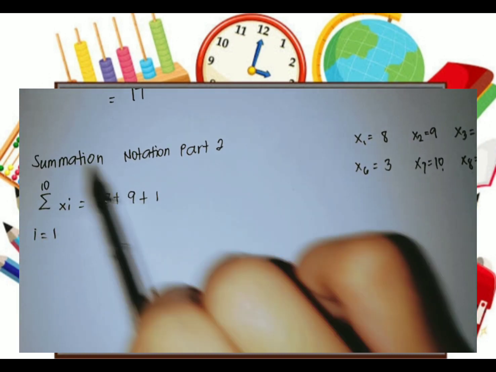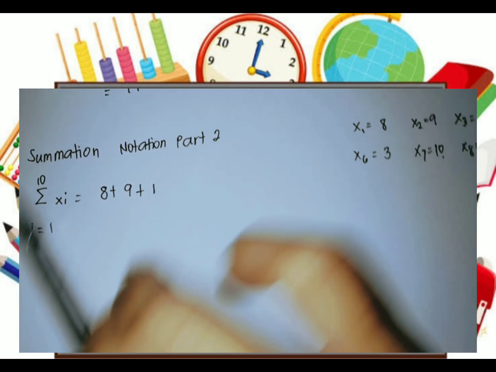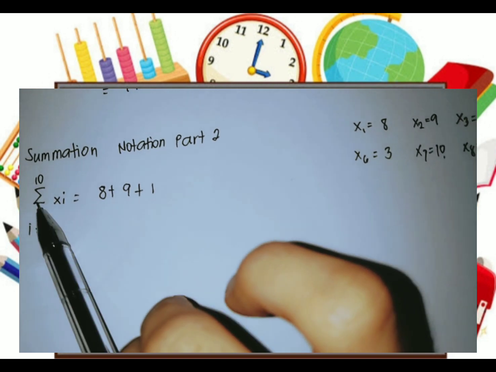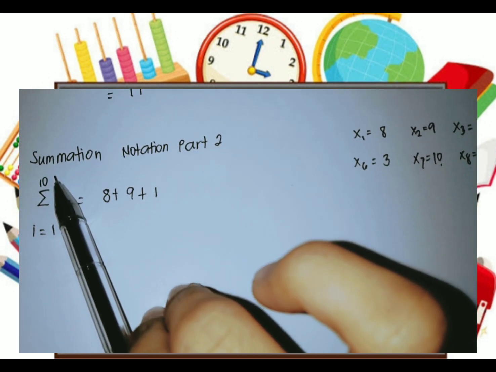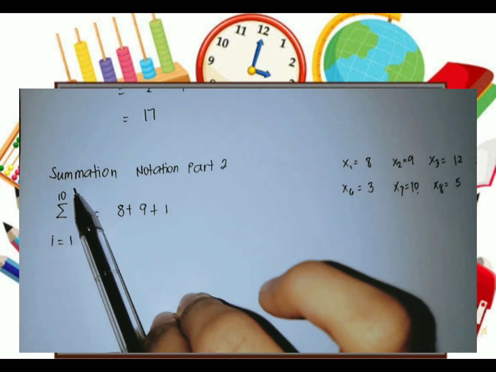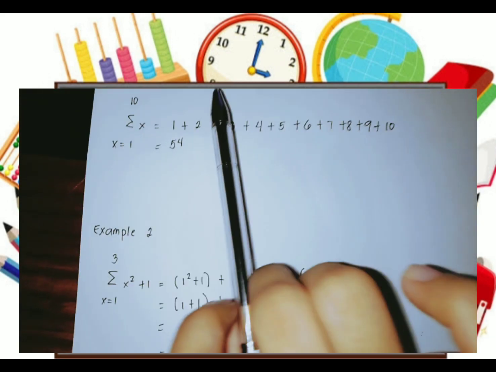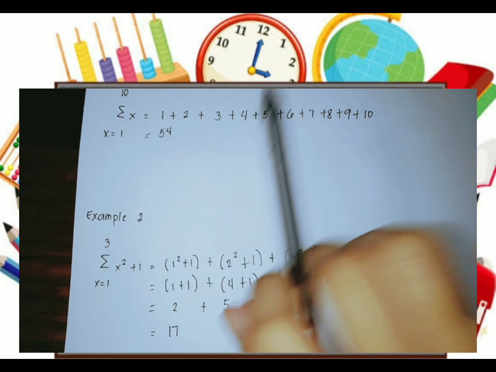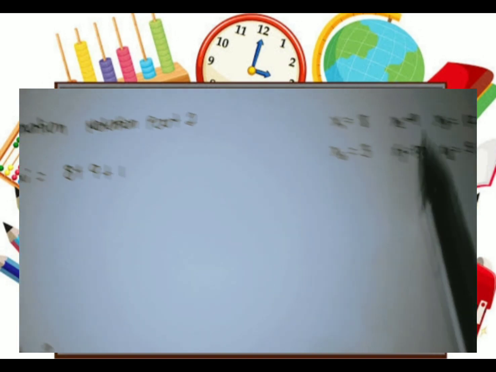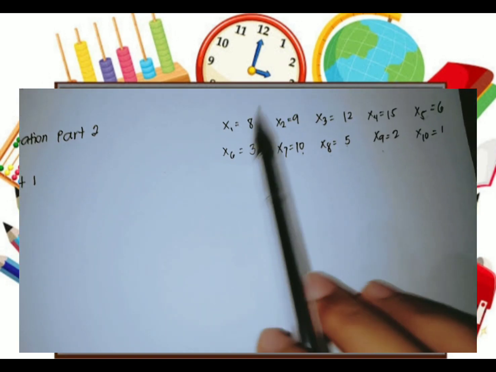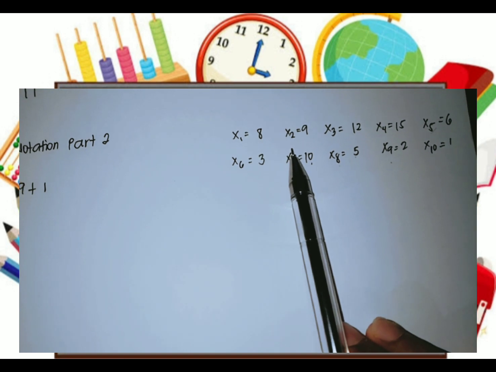Now, we are going to find the summation notation of 1 to 10. Okay? So we will add just like what we did in part 1. We just add it. But in our summation notation part 2, there are x sub 1 terms that we are going to follow. Okay?